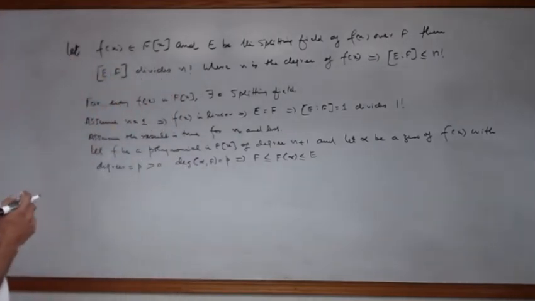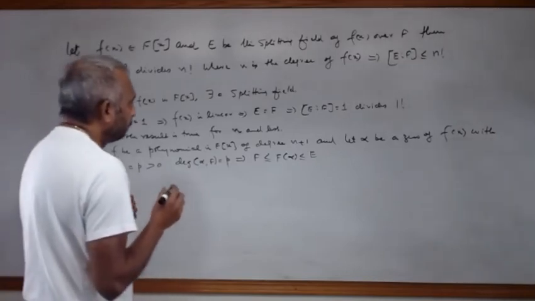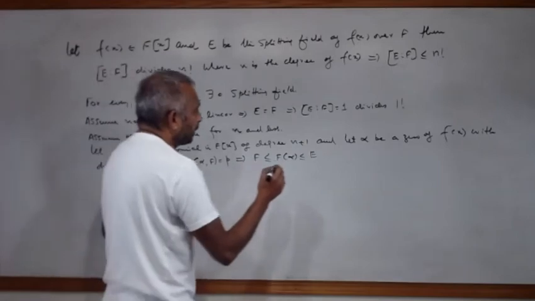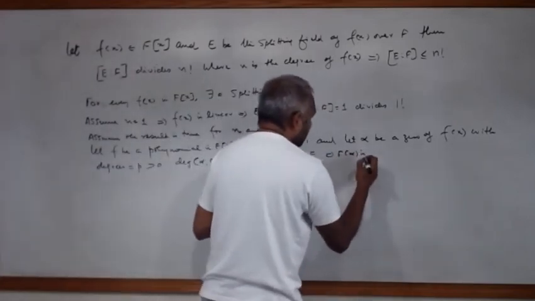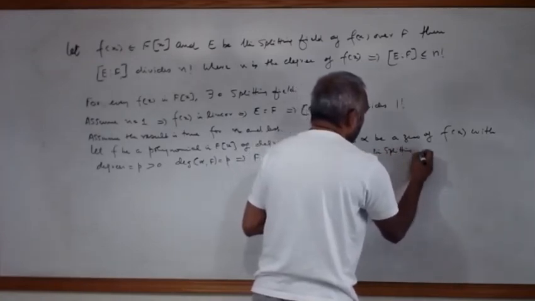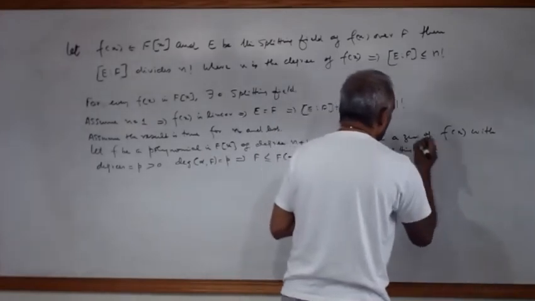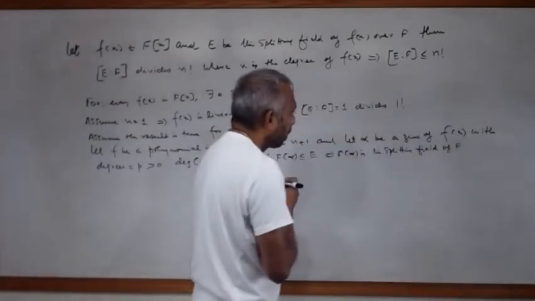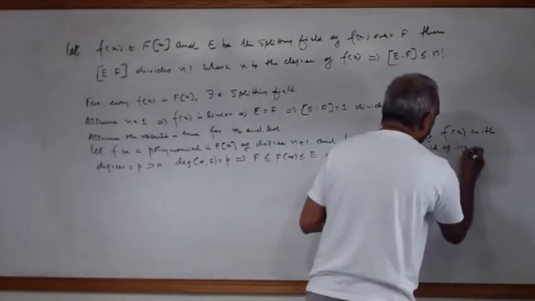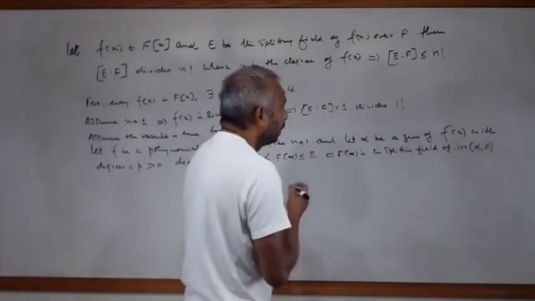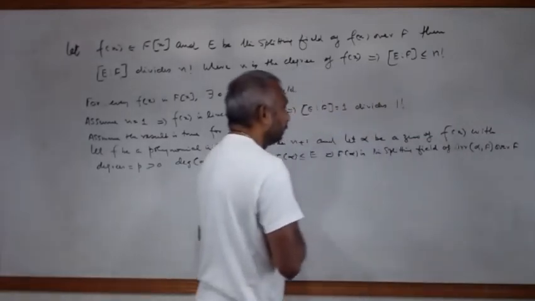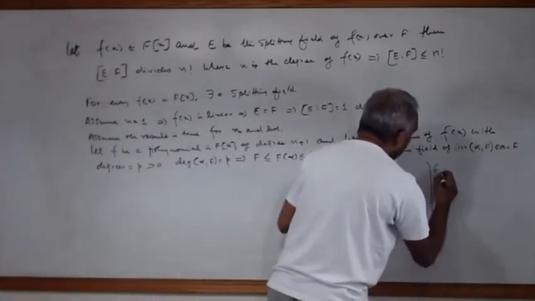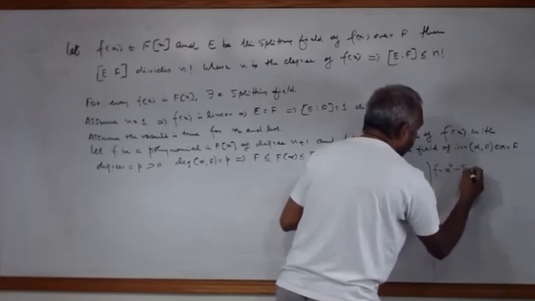Right? Now, what we will do is, this implies F of alpha is the splitting field of the irreducible polynomial of alpha over F. What I'm trying to say here is, let us say our f is equal to x to the power of 4 minus 5x squared plus 6.